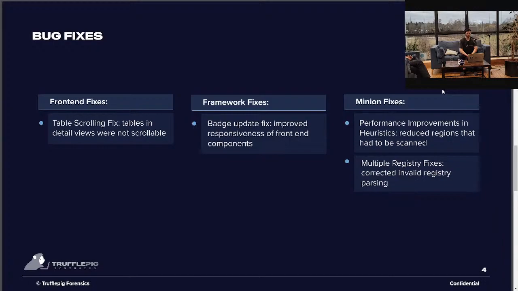That's the framework fix here, the batch update fix. When you do the analysis, you need to reload after the analysis is done. So just reload the page, and then you will see all the labels or batches, how many artifacts were found, and so on. That's of course really annoying and shouldn't be the case. And that's in the framework we have, not that easy to fix, but once we fix it, it will just work for everything.